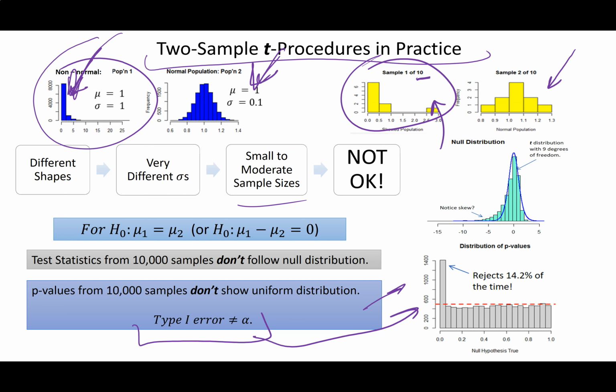You might notice we intentionally grabbed populations where the means are equal. So when you're rejecting here, you're concluding that they don't have the same means, but they do. So type 1 error should be 5% of the time, but it's 14.2. It's almost tripled.